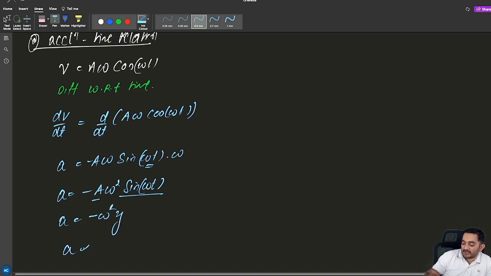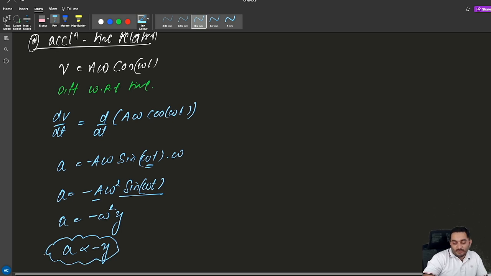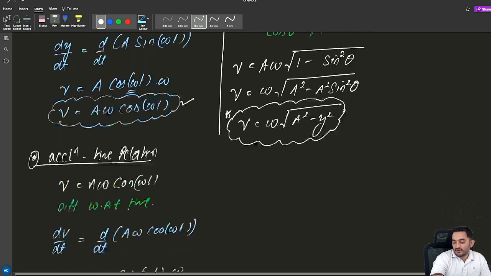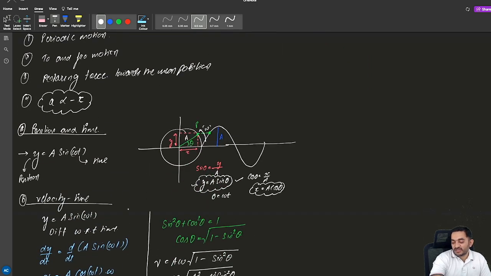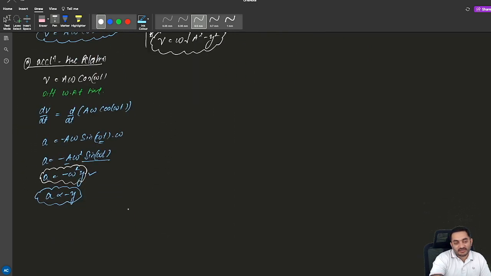Wonderful. So the condition which I wrote at the very beginning is proved. But again, this formula for acceleration is very important. First of all, you should be very clear with these formulas for position time, velocity time, and acceleration time.